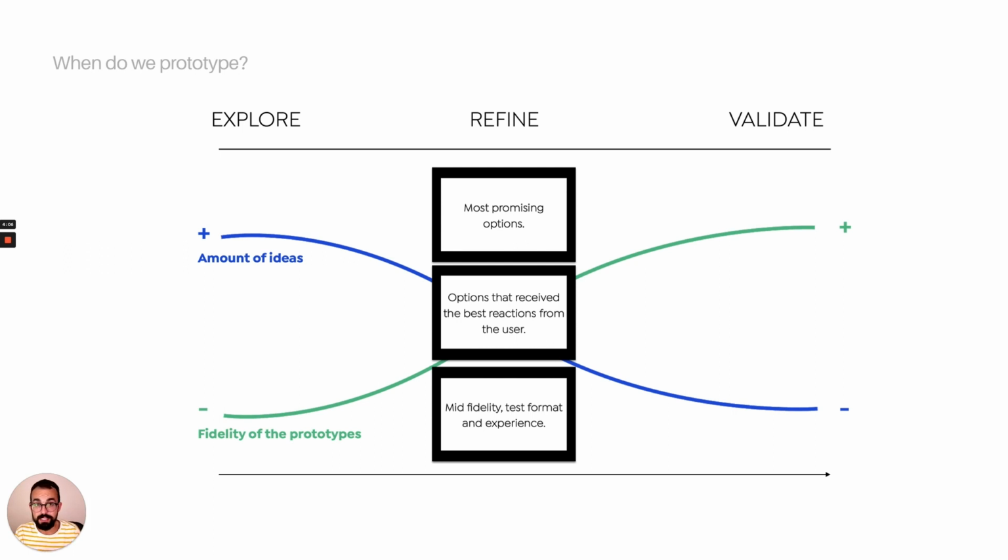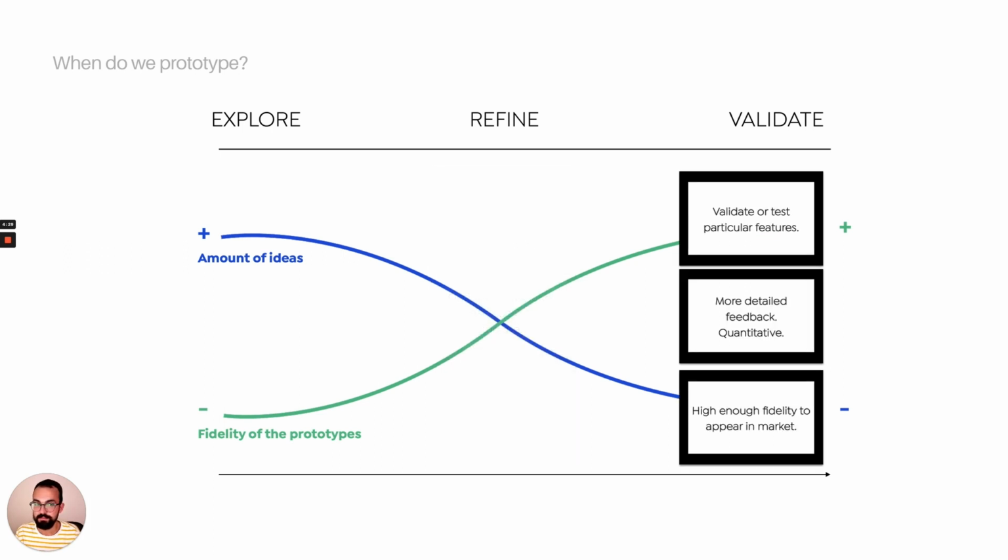And here, we're going from maybe sketches, we'll talk about this later, or what have you, and maybe adding a little bit of color, adding a little bit of the content, and what we really want to focus on here is the format and the experience.